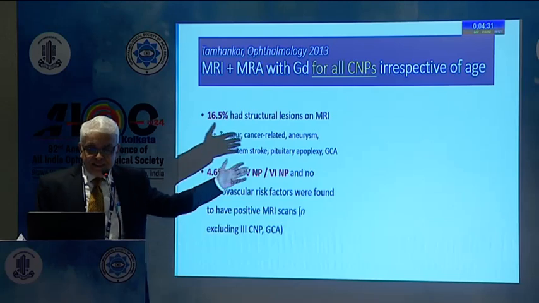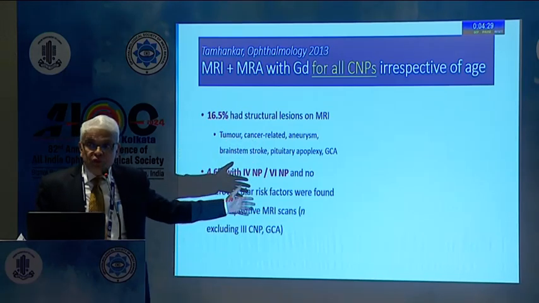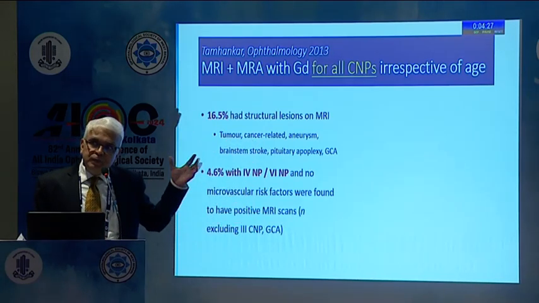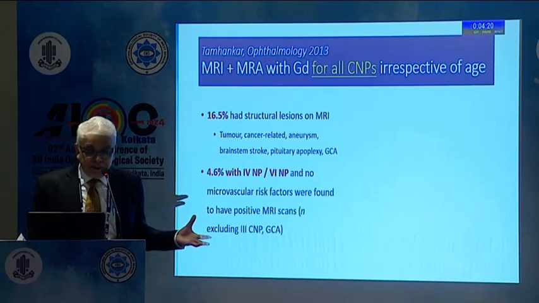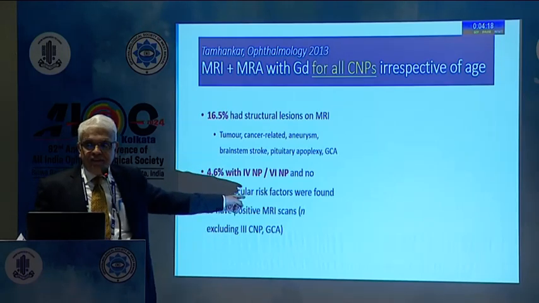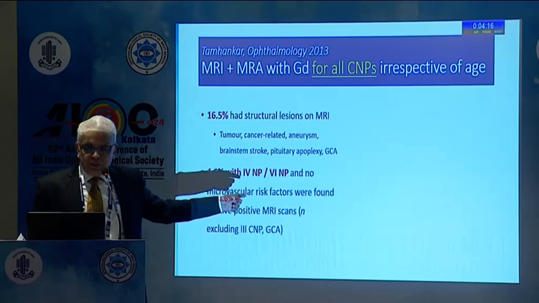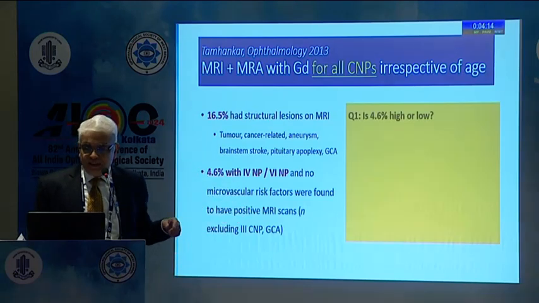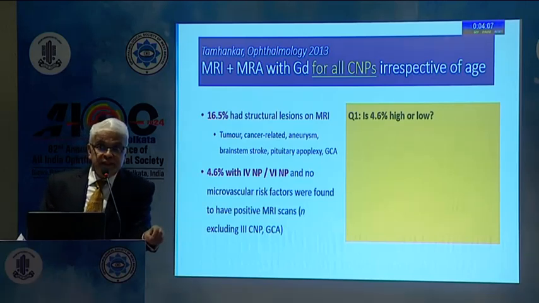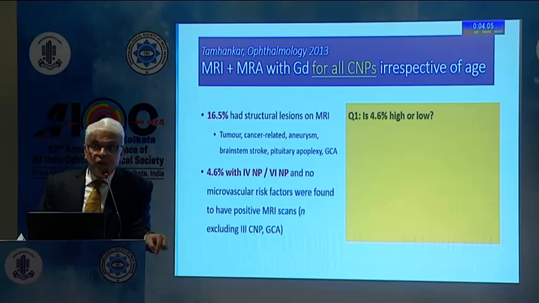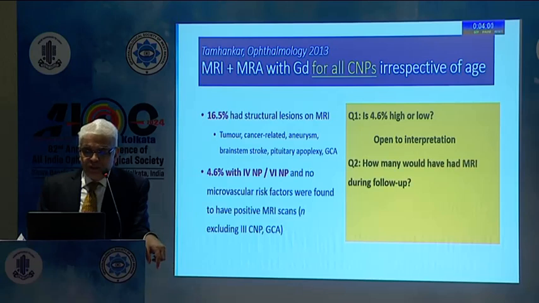So she said 16.5, and if you remove the third nerve palsies and you remove the causes like giant cell arthritis, which you would have picked up, this is not something you'd see on an MRI, 4.6% was the number left for fourth nerve and sixth nerve palsies. So the question I ask you is, is 4.6 very high or very low for you to decide on doing an MRI right away, on presentation? So this, I think, is open to interpretation.